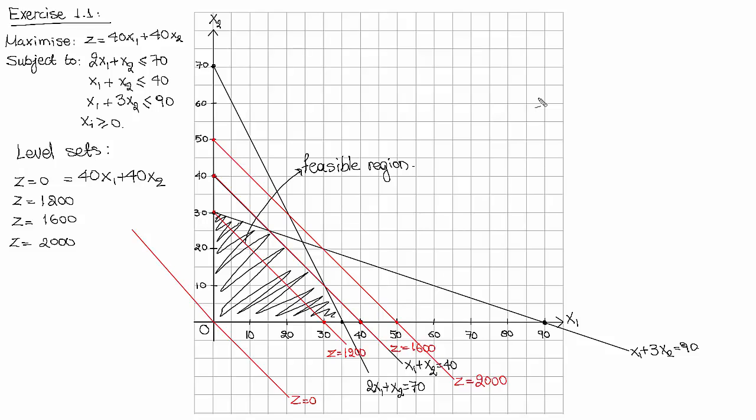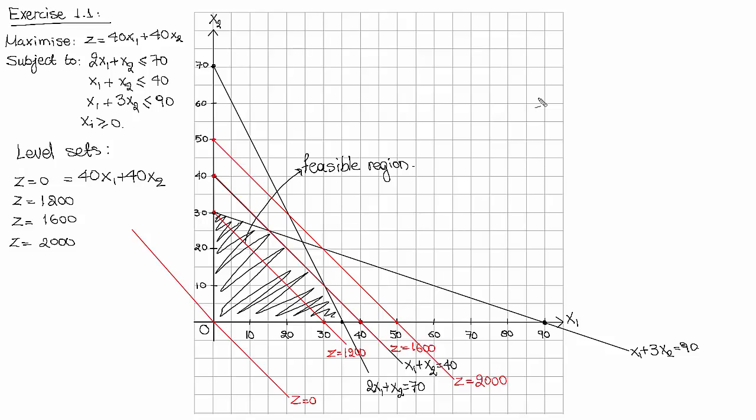Now we chose these level sets because we need to get values of x1 and x2 that match our axis, basically that are no less than 10.